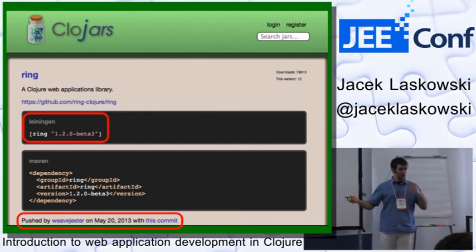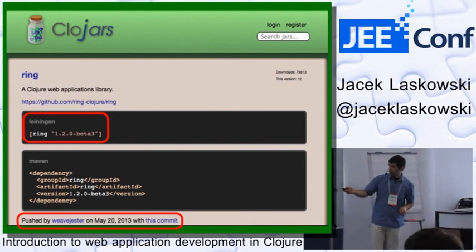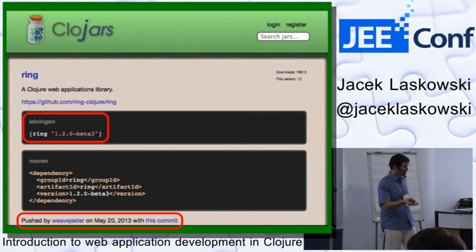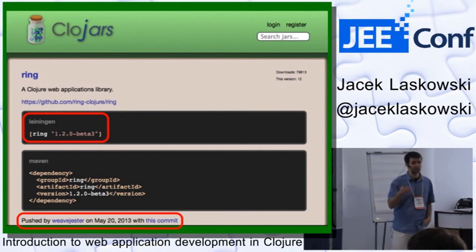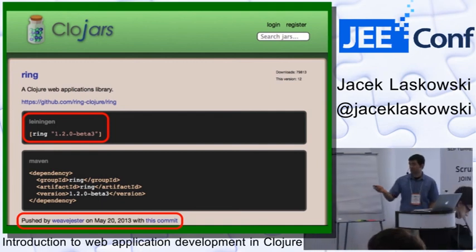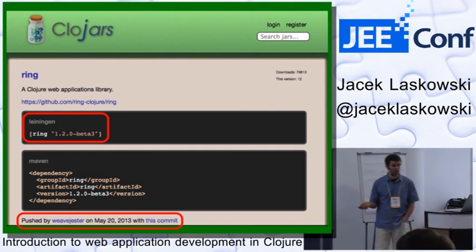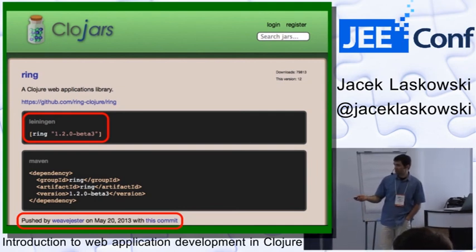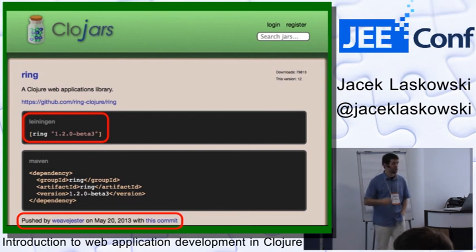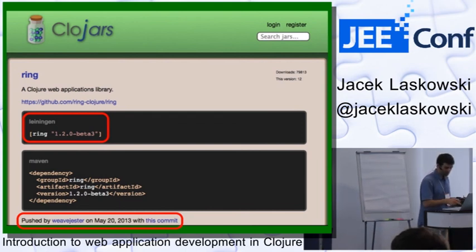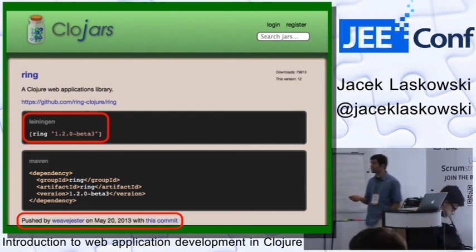Since we are using leiningen, we use this to declare a dependency on Ring in our project. So this is what we are going to use in our project CLJ. It was published just 5 days ago, so we are on the bleeding edge of Ring development.